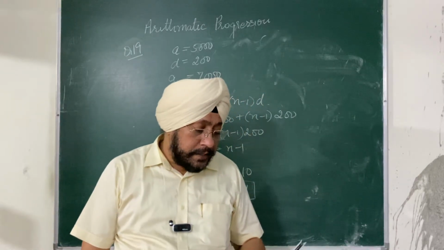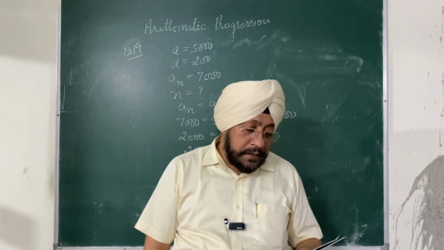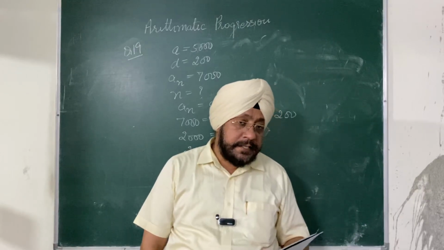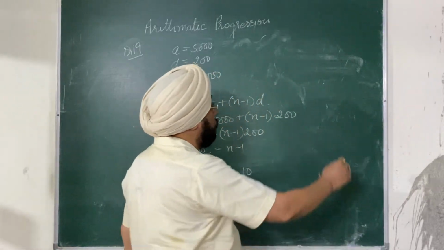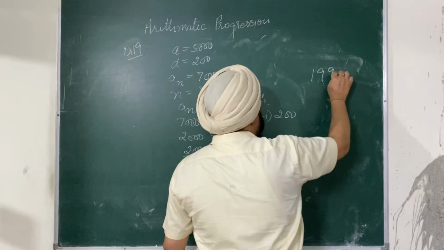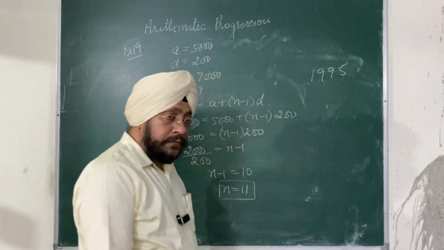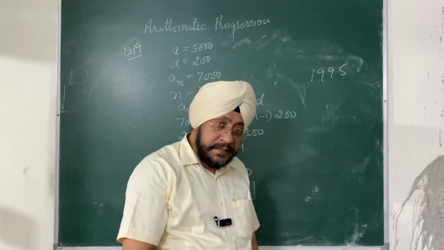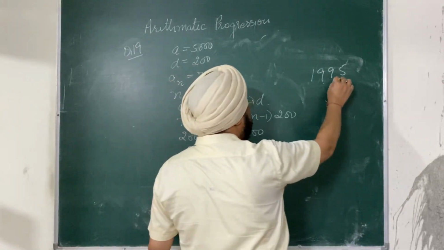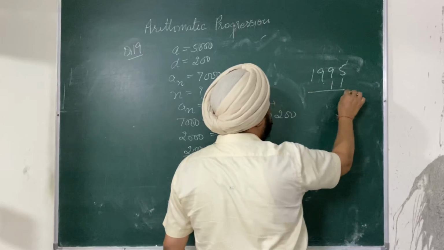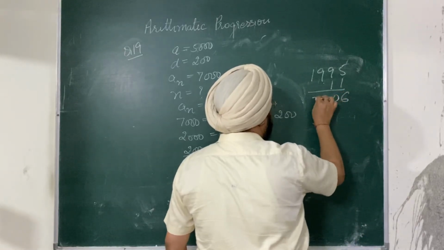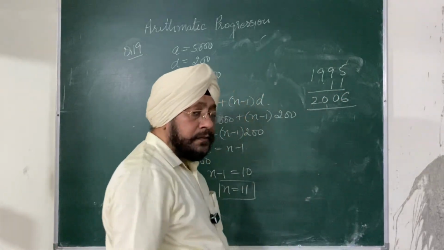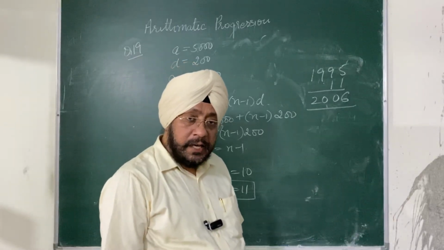But the question is, in which year did his annual income reach 7,000? Because he started the job in the year 1995 and his salary becomes 7,000 after 11 years, if I add 11 years to this, in which year does his salary become 7,000?